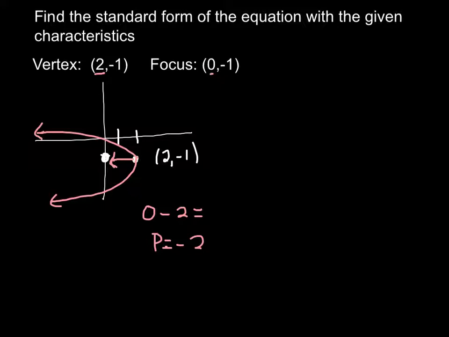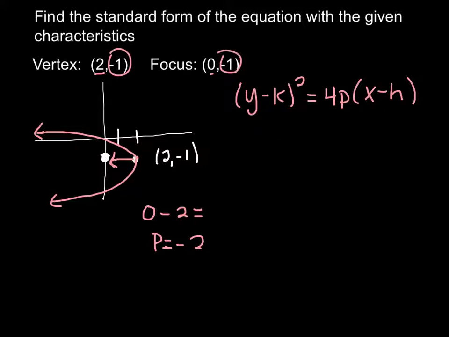Since I have a horizontal parabola, I know my equation is (y - k)² = 4p(x - h). Another way to look at it is the ones that are the same, the y values, that's my squared values. So let's start plugging in.